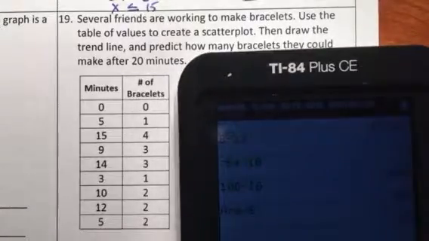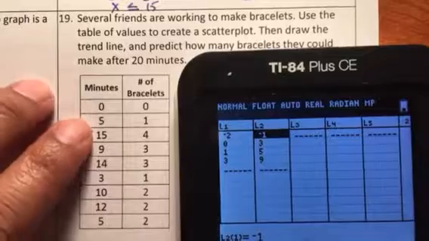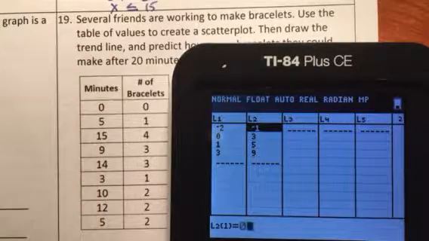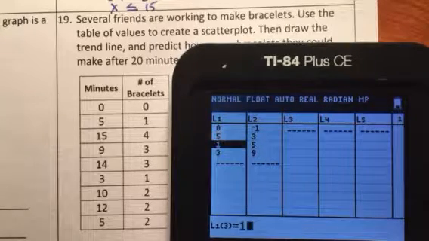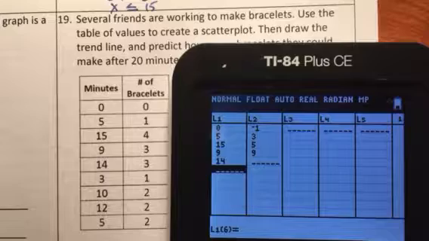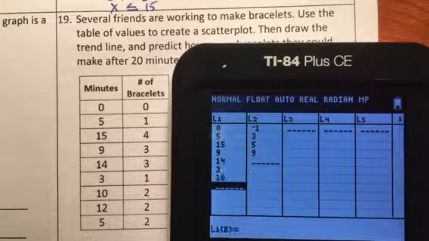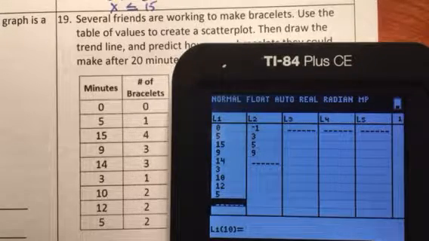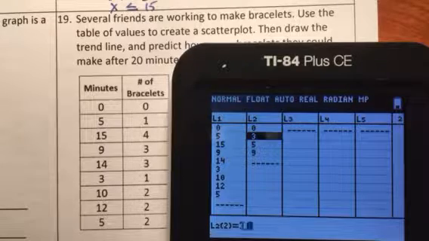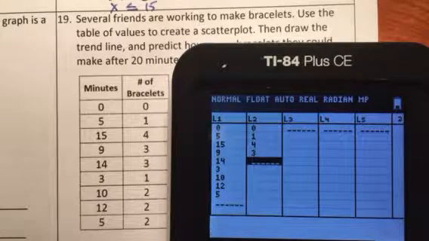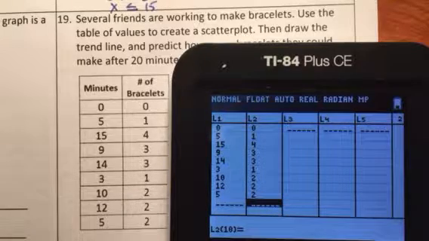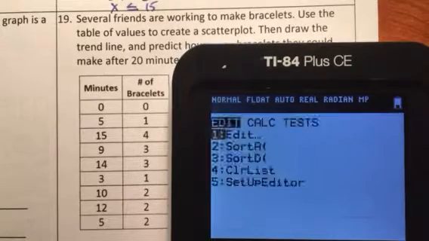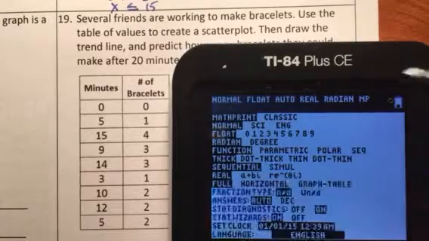Okay, so first things first, I'm going to go to stat, and I'm going to type in all these numbers. I need to make sure I'm in the correct column. Okay, so now I'm going to go, oh, I forgot to turn on my mode.